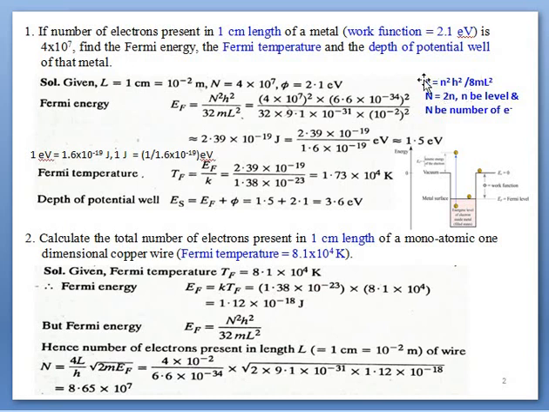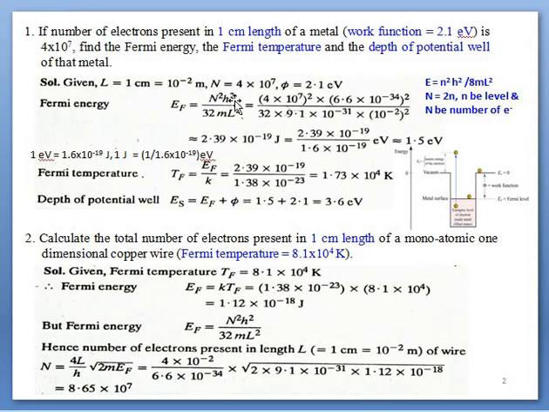So in this equation, if small n, which represents an energy level, is replaced by capital N, where capital N represents the number of electrons, in other words the concentration, then n equal to capital N by 2 is kept here. Then we will have capital N square upon 4 multiplied by 8, which is 32.